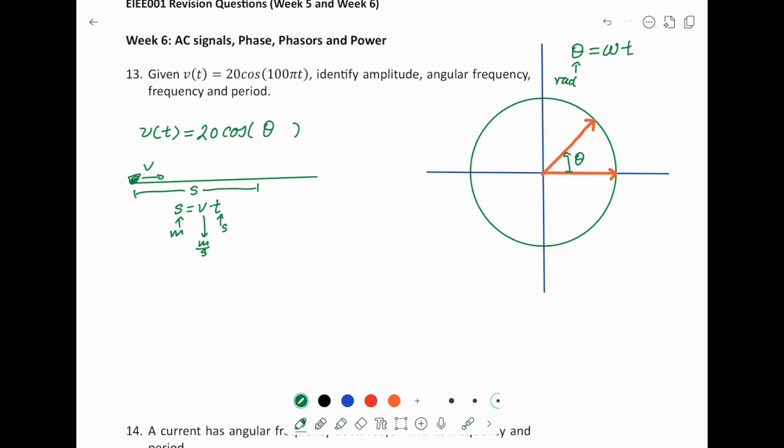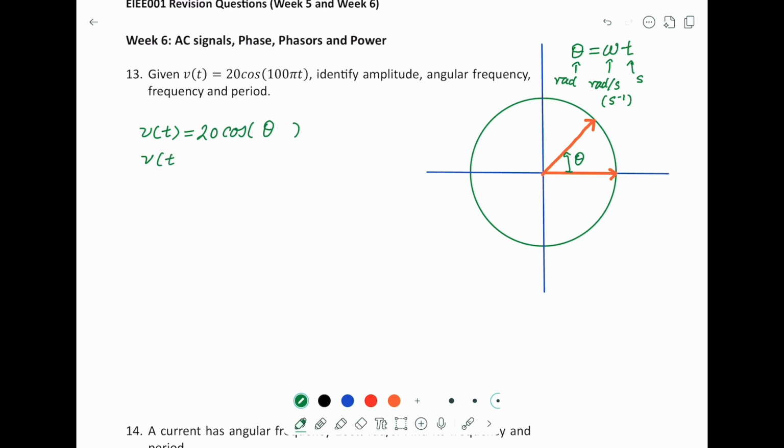So you can always drop radian, and some people don't even write radian. You just say a number. Here, time is measured in seconds, so this one we can say is radians per second, or just per second is good enough. So we can say omega plays the same role as velocity in linear motion.